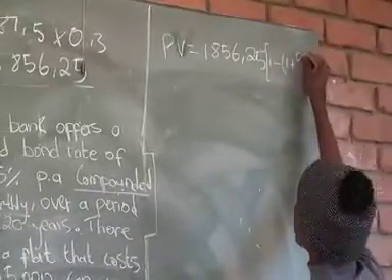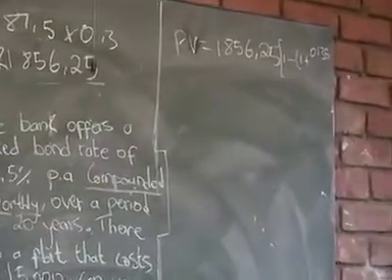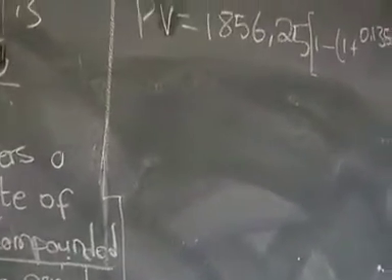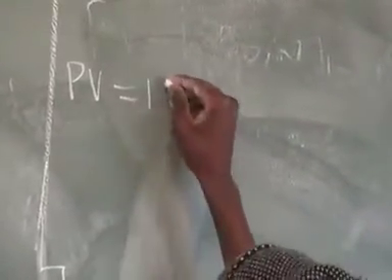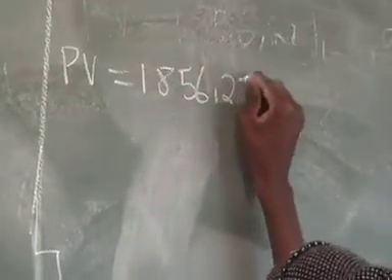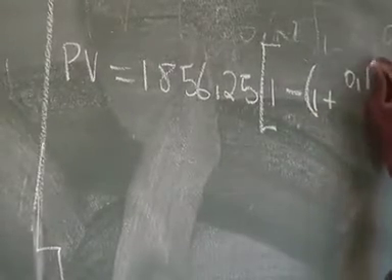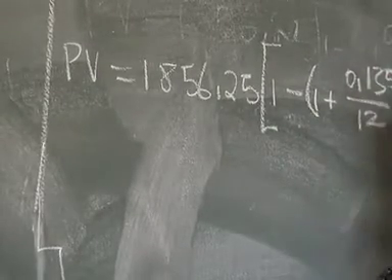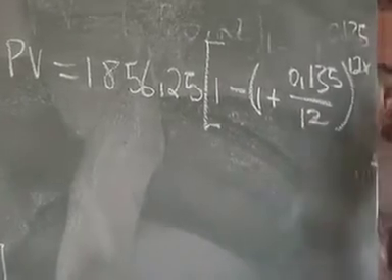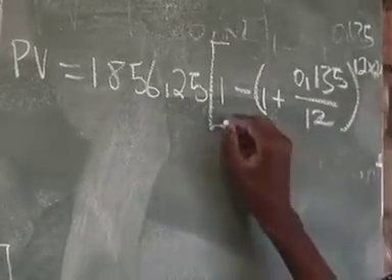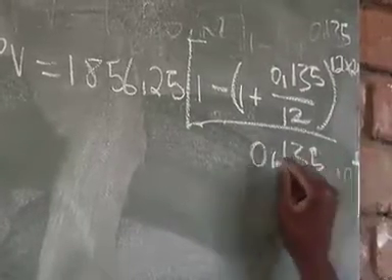So it's 13.5%. Present value is 1856.25 times 1 minus 1 plus 0.135 over 12, to the power negative 12 multiplied by 20 years, and then all divided by the interest rate, again 0.135 over 12.